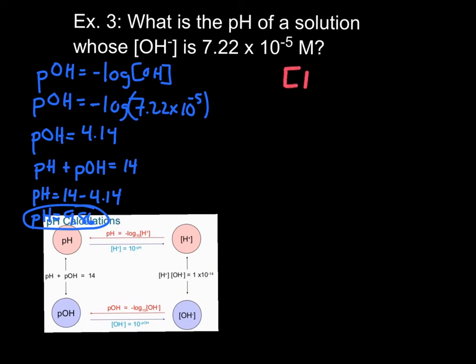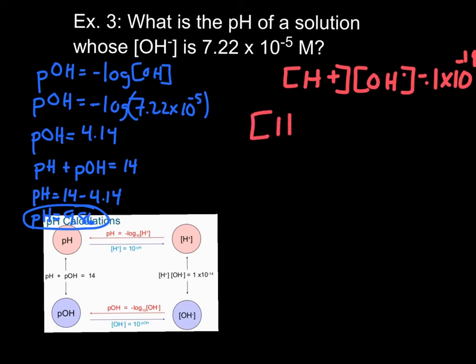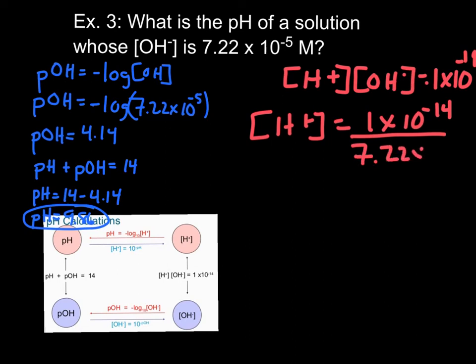If we know that the hydronium ion concentration times the hydroxide ion concentration is equal to 1 times 10 to the negative 14th, then we can solve for the hydronium ion concentration. So the hydronium ion concentration is equal to 1 times 10 to the negative 14th divided by the hydroxide ion concentration, which is 7.22 times 10 to the negative 5th.